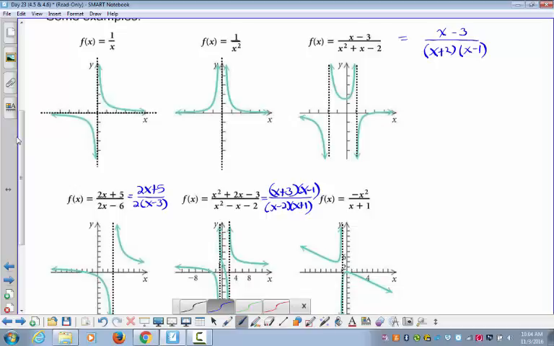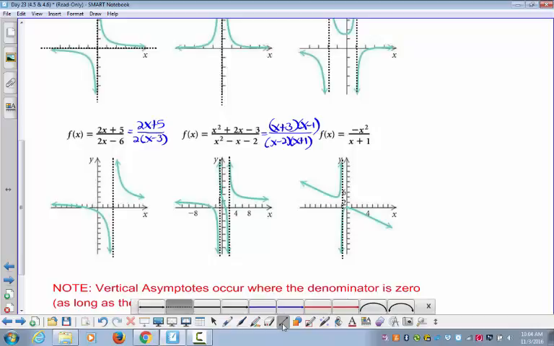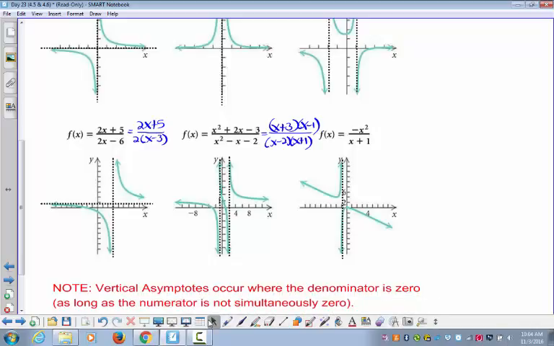Right here, these two examples are ones where the degree in the numerator and the degree in the denominator are the same. And what is the quotient of leading coefficients here? 1. 2 divided by 2. And that's why there is a horizontal asymptote here at y equals 1.